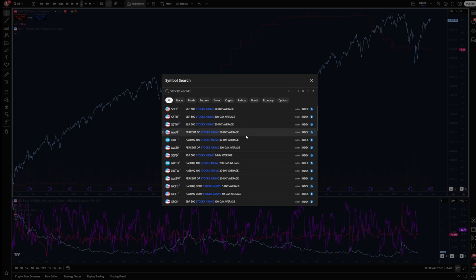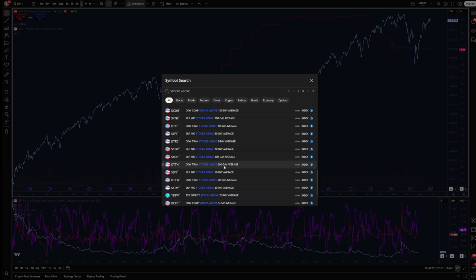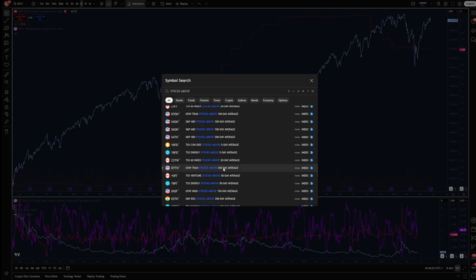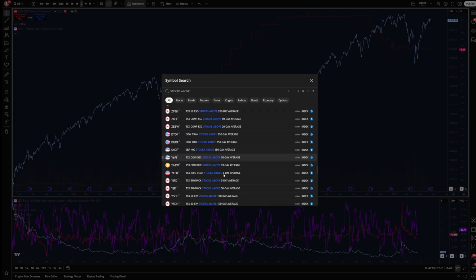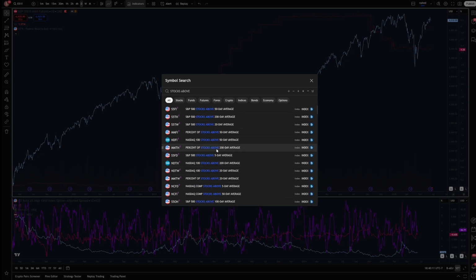Stocks above. Yeah, so you can get this with other stuff like S&P 500 stocks above a 50-day, stocks above a 200-day. You can get it for NASDAQ, Dow, S&P 600, basically any index. And wow, they even have a 5-day average.